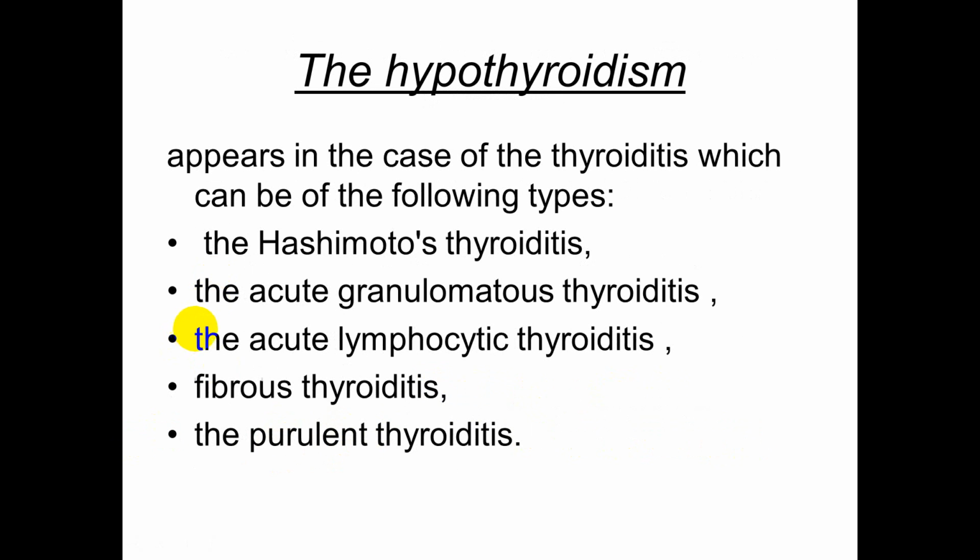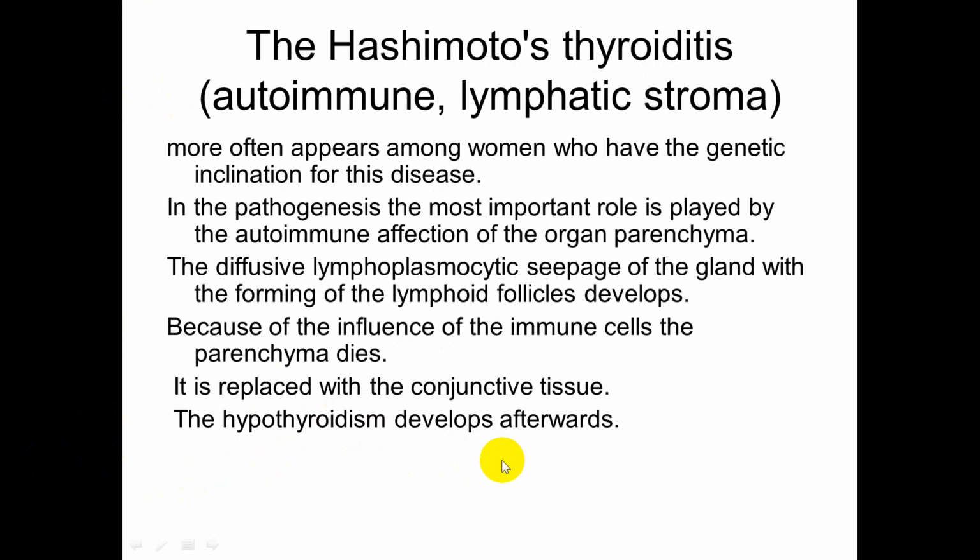The next pathology of the thyroid gland is hypothyroidism. This disease appears in the case of thyroiditis, which can be of the following types: Hashimoto's thyroiditis, acute granulomatous thyroiditis, acute lymphocytic thyroiditis, fibrous thyroiditis, and purulent thyroiditis. Hashimoto's thyroiditis, or autoimmune or lymphatic struma, often appears among women who have a genetic inclination for this disease.